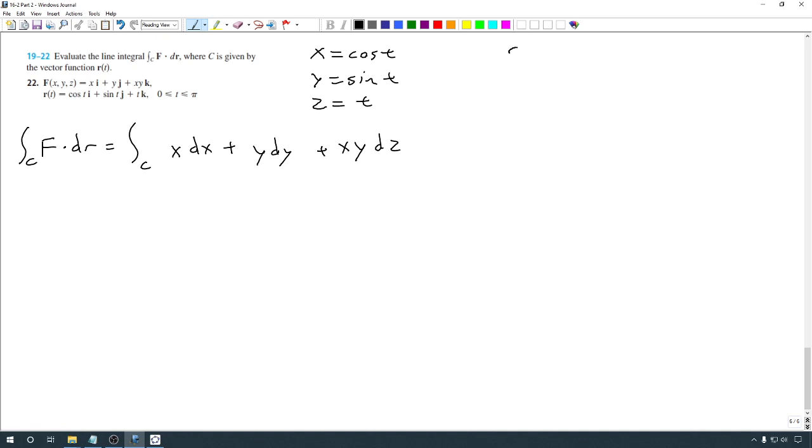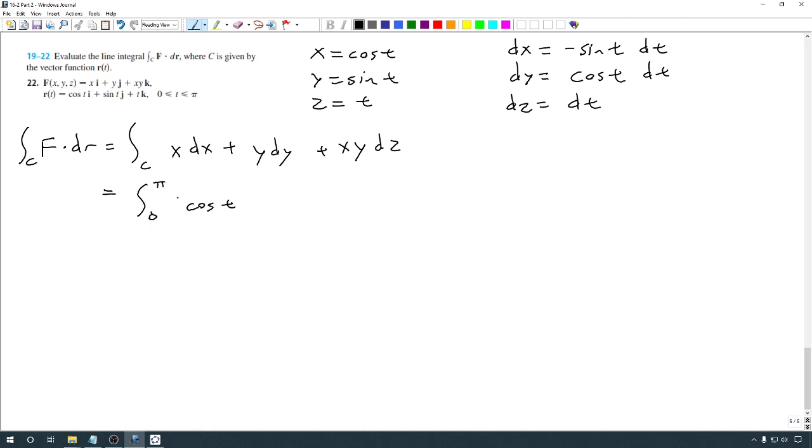We do need to know what dx, dy, and dz are. Derivative of x with respect to t is going to be negative sine of t, dt. Derivative of sine is going to be cosine t, dt. And then, of course, the derivative of z is just going to be dt. We go ahead and plug everything in. Again, t is going from 0 to pi. X is cosine.